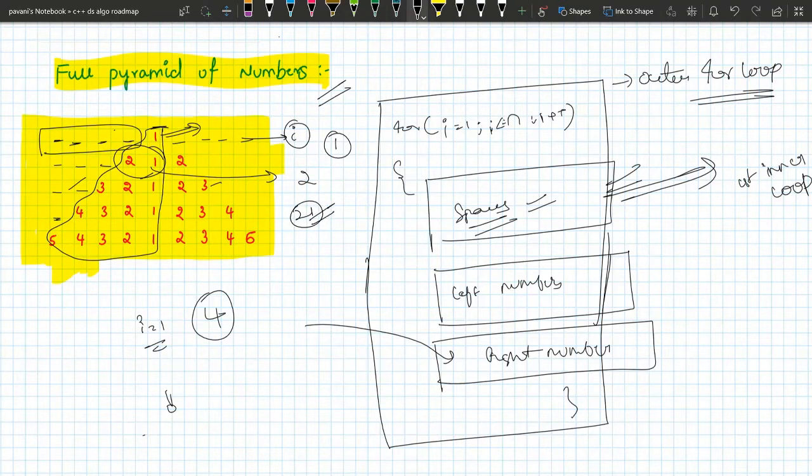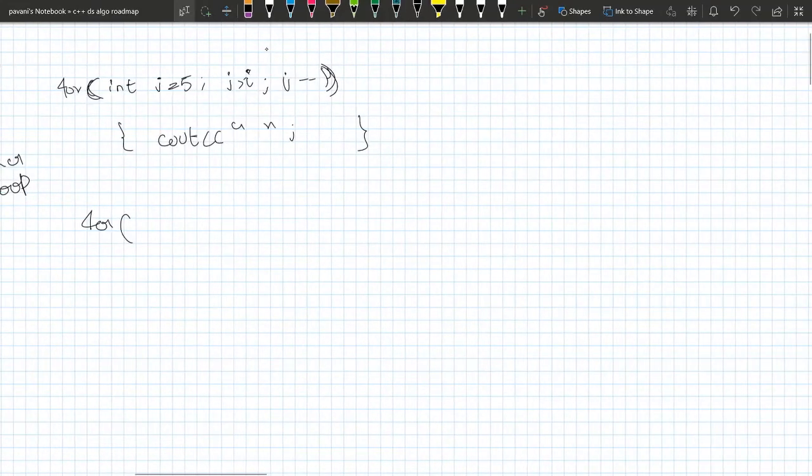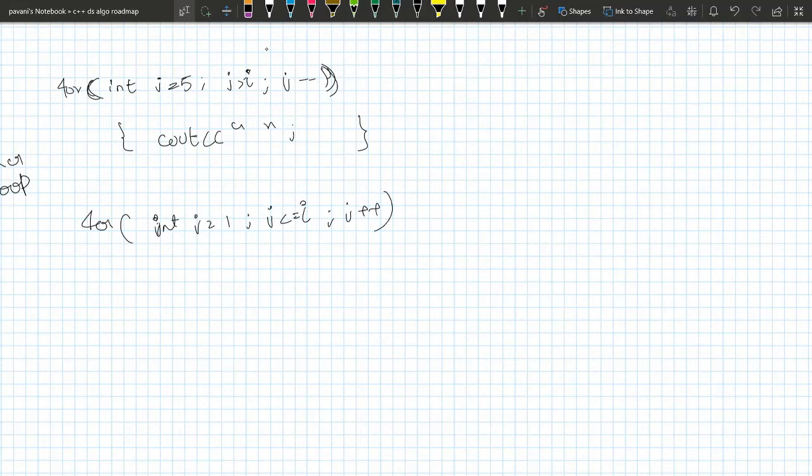We will do some simple math after concluding the inner loop; after initializing and putting a condition, we'll get those values. That means for int j equal to 1, j less than or equal to i, j plus plus. I think you got this logic, no need for elaborate explanation.